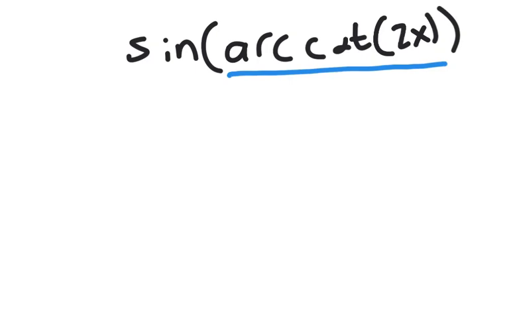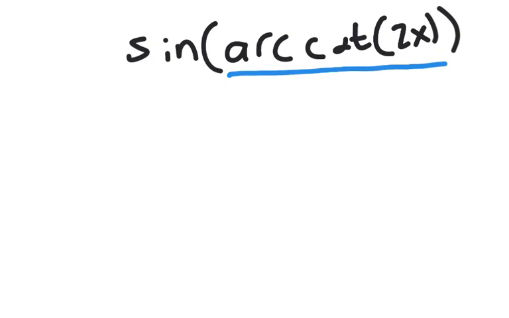Now remember, all of my arc trig functions, or my inverse trig functions, take in a ratio of sides and give an answer that is an angle measurement. So right here, this value is supposed to be a ratio of sides. Because it is arc cotangent, that would be the ratio of my adjacent over my opposite.